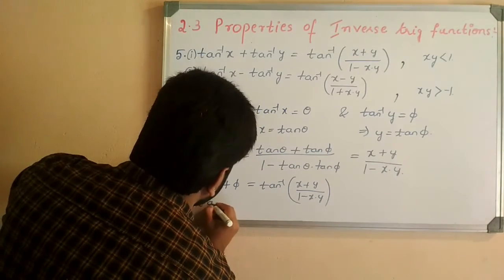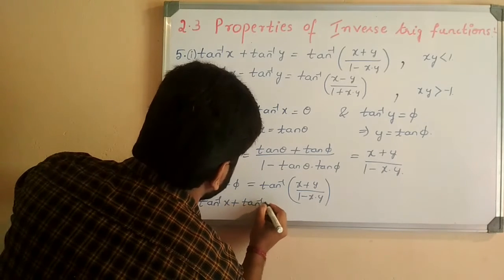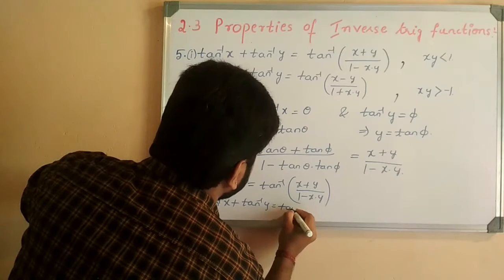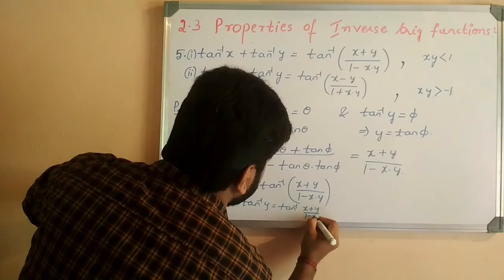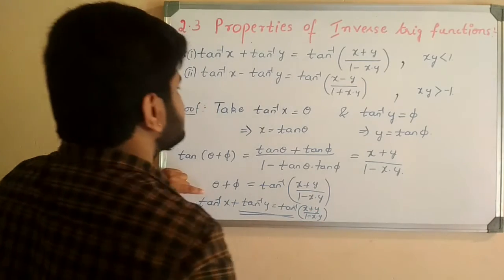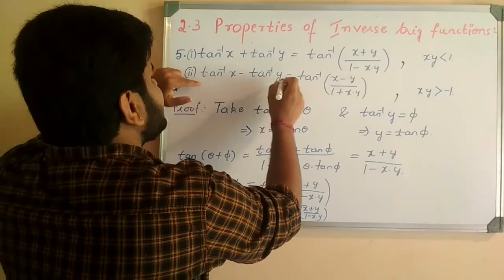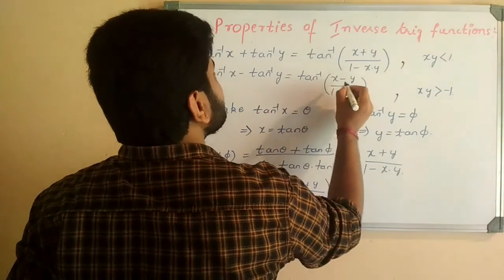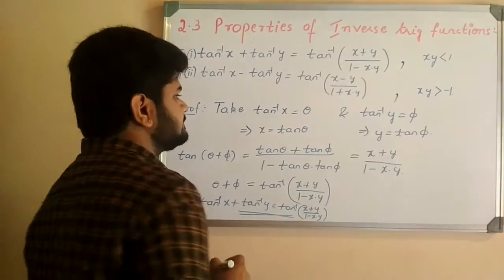So tan inverse x plus tan inverse y is equal to tan inverse of x plus y divided by 1 minus x into y. Similarly, second one, tan inverse x minus tan inverse y is equal to tan inverse of x minus y divided by 1 plus x into y.